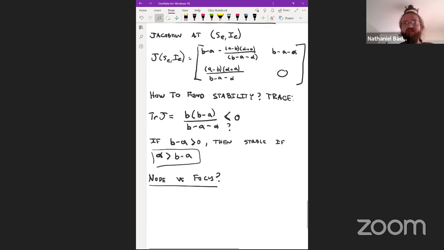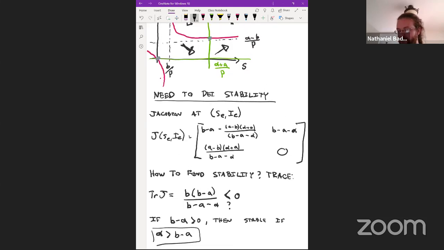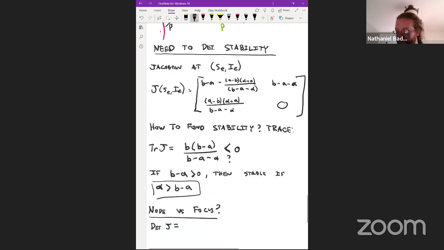So for the node versus the focus, we just need to figure out what the determinant is. The determinant of J is really straightforward if you look at this, because the top left corner is going to get multiplied by 0.